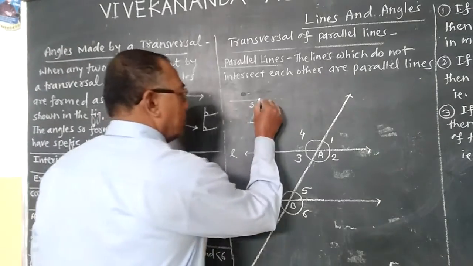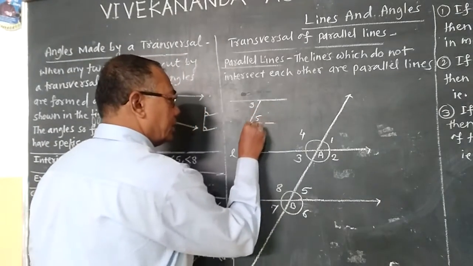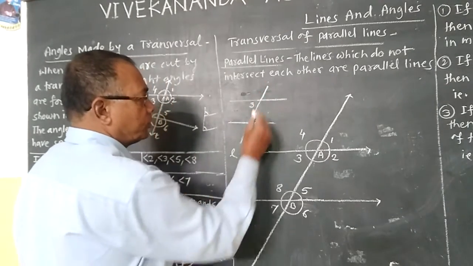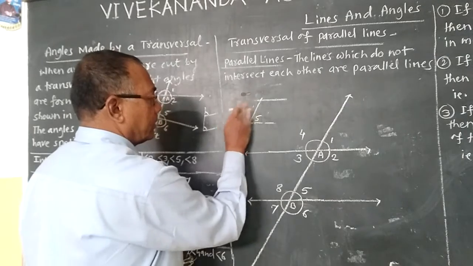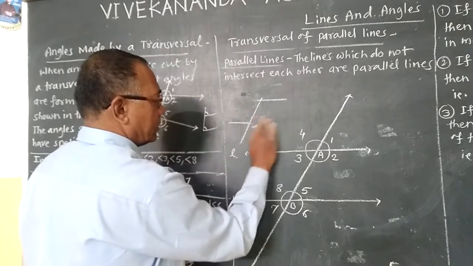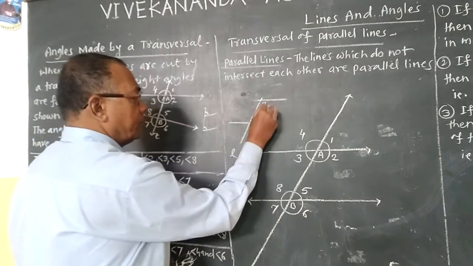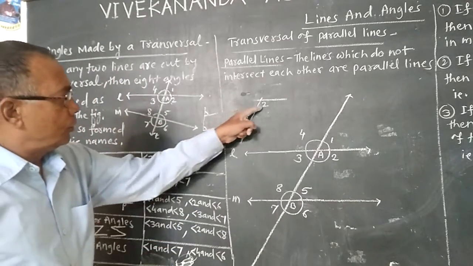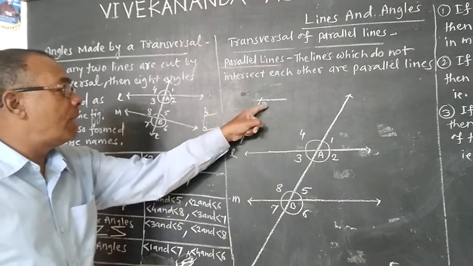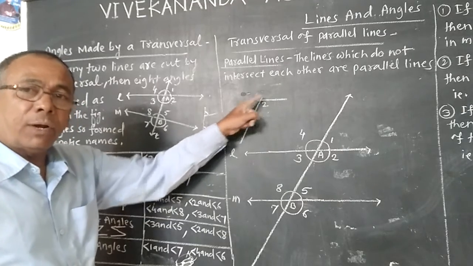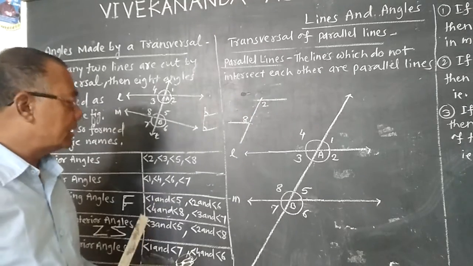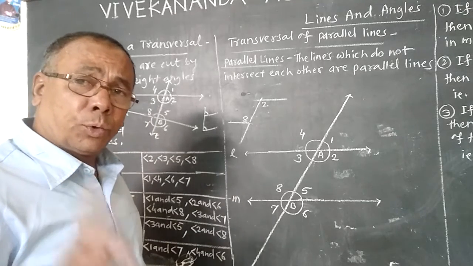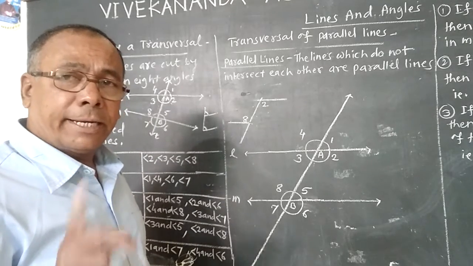Now Z in reverse position, means in reverse position 2 and 8. These are the two alternate angles, one pair and another pair of alternate interior angles. In this way there are two pairs of alternate interior angles.